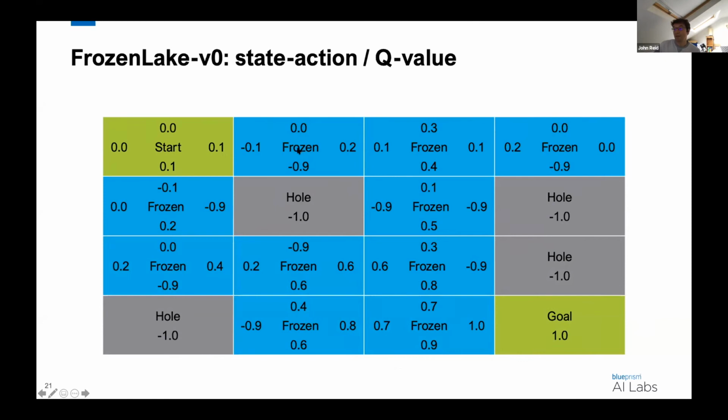Our estimate of the value of going down from the second state into the hole is minus 0.9. And you can imagine if we had these estimates of the state action Q value function, it'd be quite easy to define a policy that had a reasonable chance of ending up at a goal.